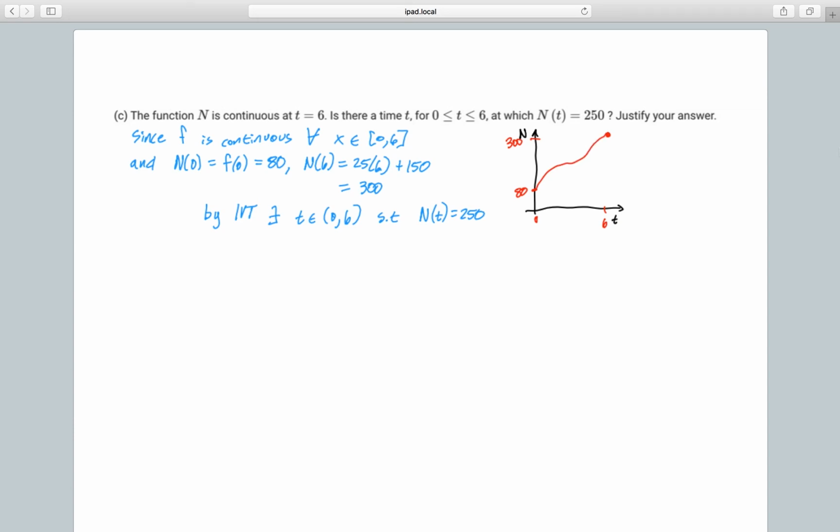So at some time, there had to be a time where n of t equals 250. Okay, and that's it. This one's just using the intermediate value theorem to justify an answer. Hope this helped.